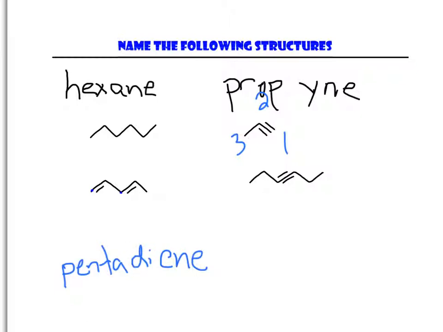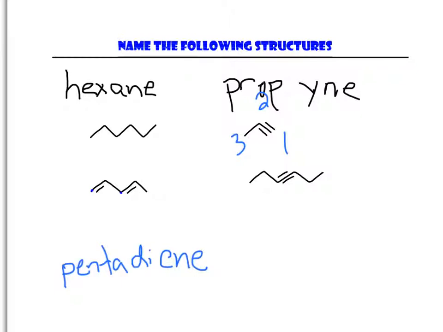So we need to indicate how many we have. And you need to make sure that the prefix for that goes before what it's indicating. Since ene indicates a double bond, the di goes before that. We can't say dipentaene because that's a completely different structure that you'll learn about in a few days.